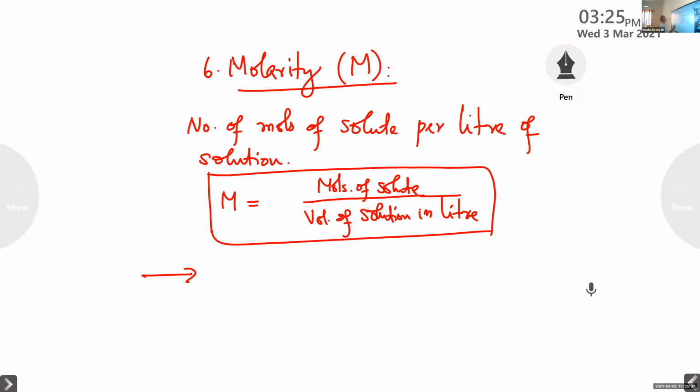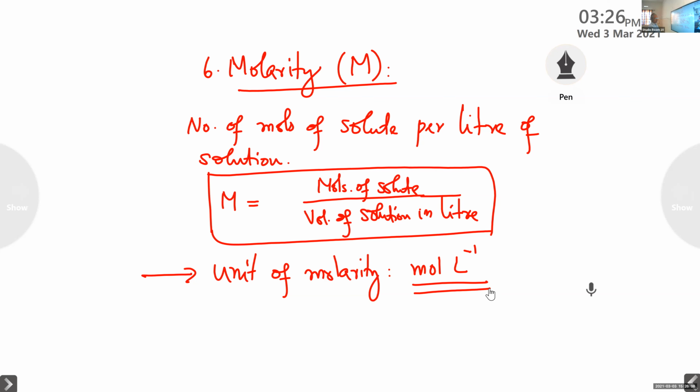The unit of molarity. What is the unit? Moles per liter. See, look at the top. Moles of solute. Moles per liter. So the unit is mole per liter. That is the unit used. Mole per liter.